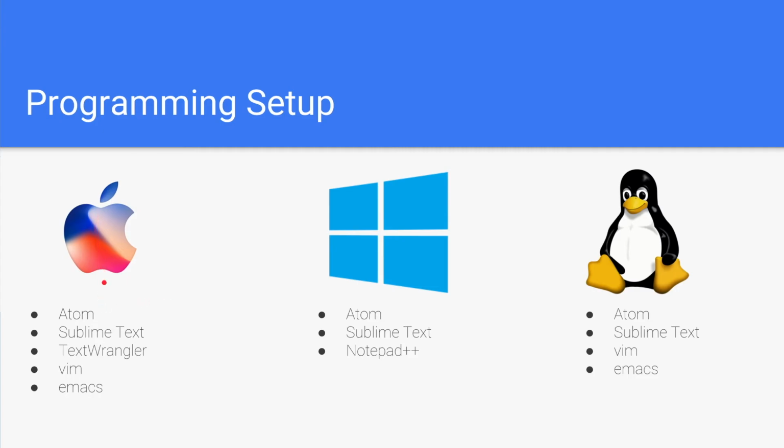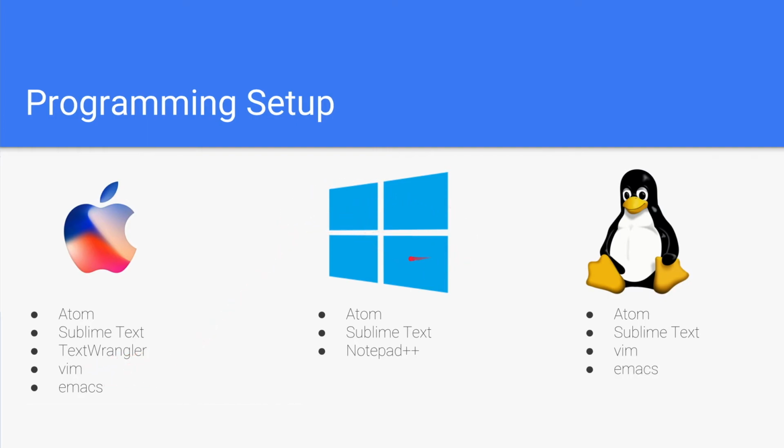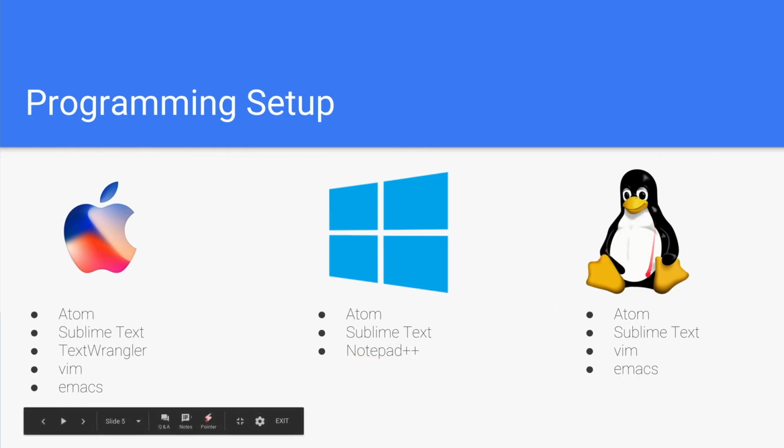For macOS, one of the most popular options is Atom, a text editor that is available on Linux, Windows, and macOS. Then we have Sublime Text, which is also available on these three, Text Wrangler, Vim, and Emacs. On Windows, which we're using right now, we have Atom, Sublime Text, and Notepad++. On Linux, Atom, Sublime Text, Vim, and Emacs.